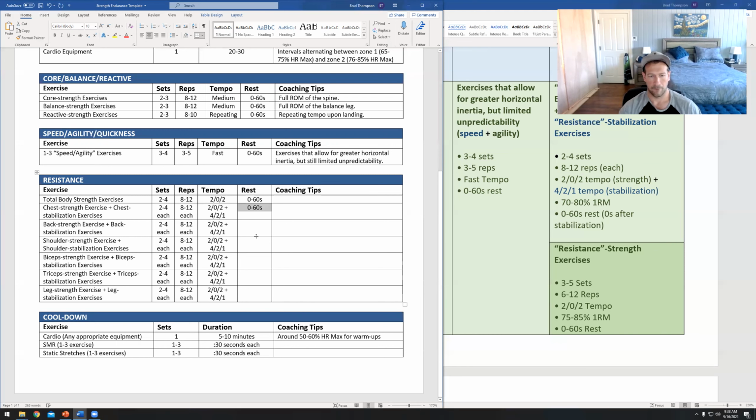And our tempo is just the strength version. Before it was a little bit of strength paired up with a little bit of stabilization, where it was 202 for the strength and 421 for the stabilization. Now it's just 202. It's all by itself. Rest period, 0 to 60 seconds of rest.